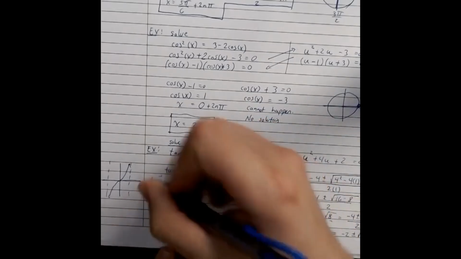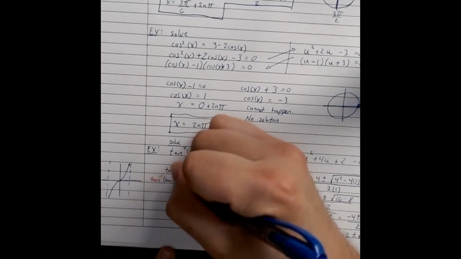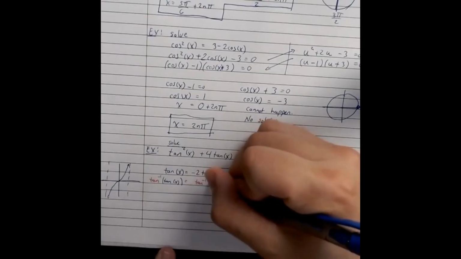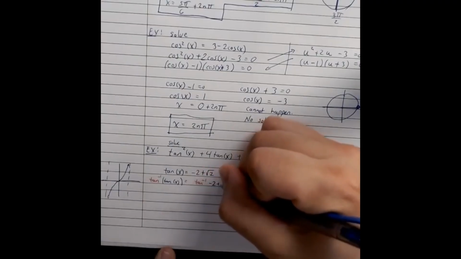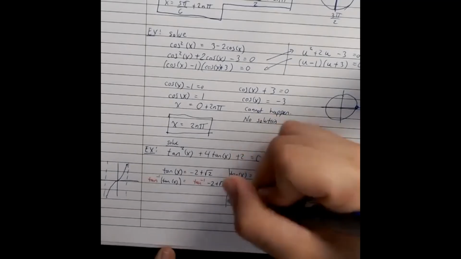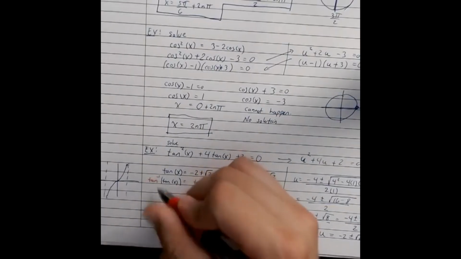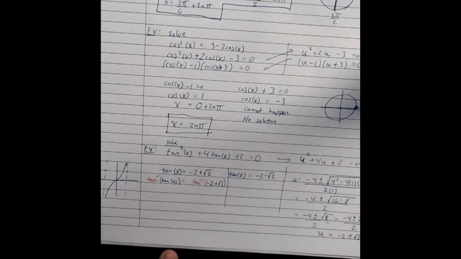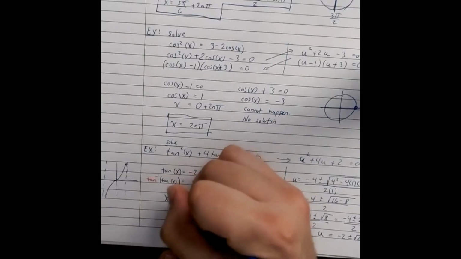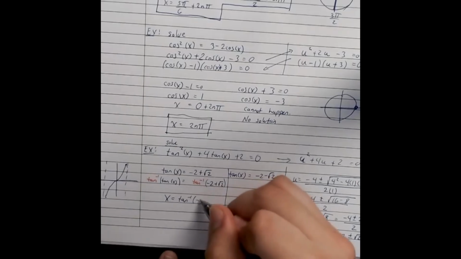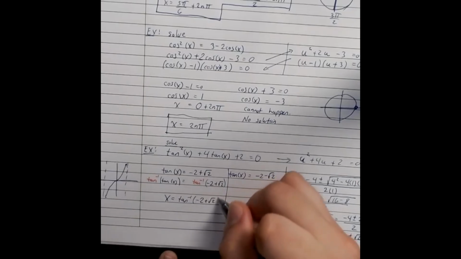So here I want the inverse tangent of the tangent of x, just like that, is equal to the inverse tangent of negative 2 plus root 2. Here, the inverse tangent of the tangent of x, that's just going to give me x. Here, this is going to be the inverse tangent of negative 2 plus root 2.